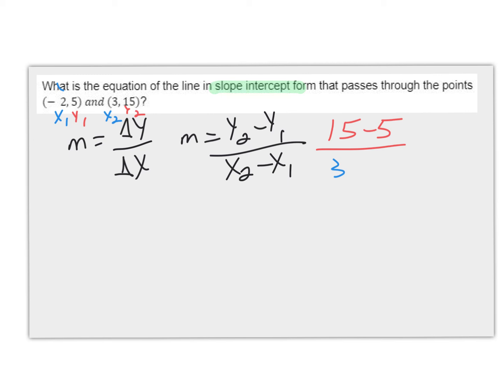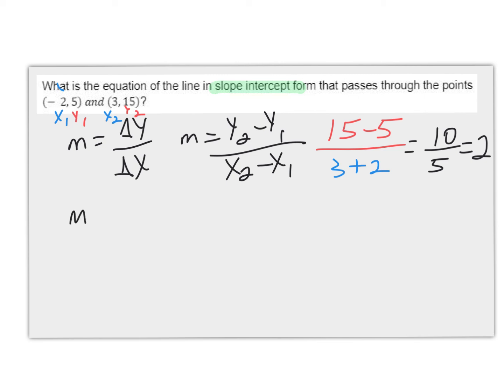But we can write minus negative 2 as plus, so I'm just going to rewrite that as 3 plus 2. So 3 plus 2. And then we work that out. 15 minus 5 is 10. 3 plus 2 is 5. And we realize we have a slope of 2.